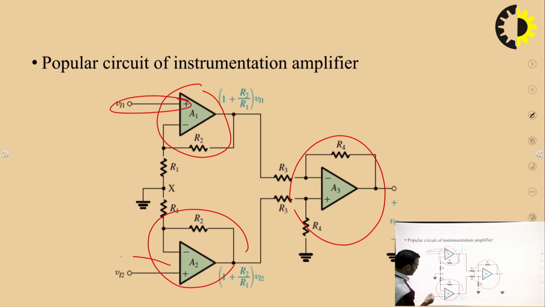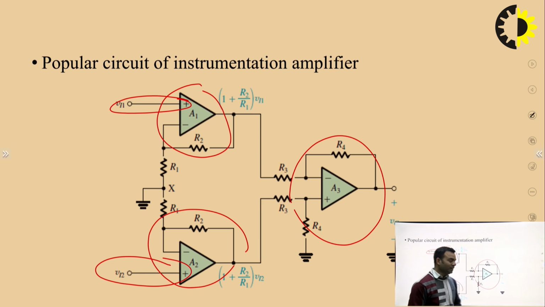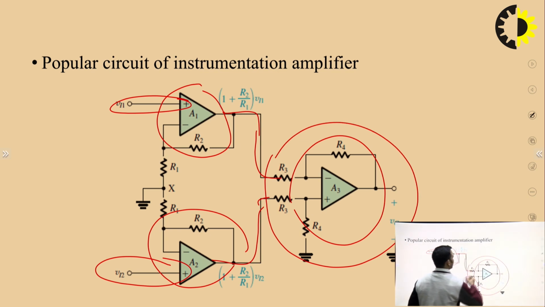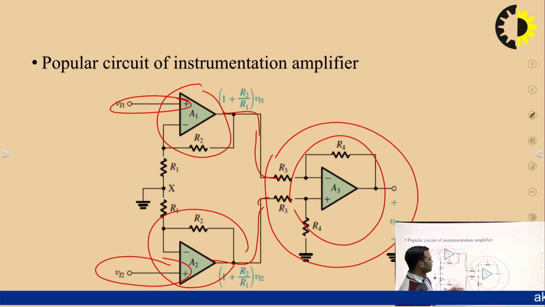In amplifier A2 also we are applying input at the non-inverting terminal, and the output of these two is given as the input to the third amplifier, and this amplifier is the subtractor amplifier which we have already discussed. This amplifier will provide the amplification of the difference of two signals which are applied at these two terminals.